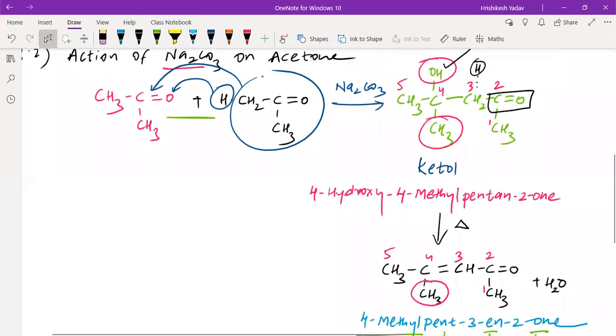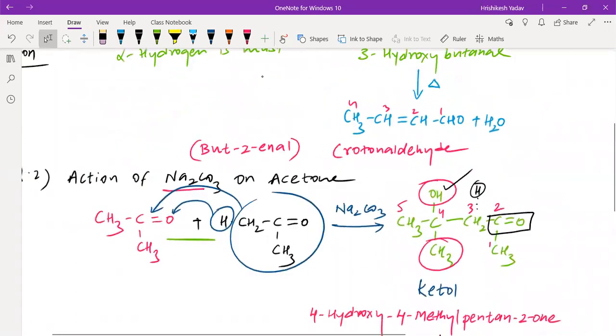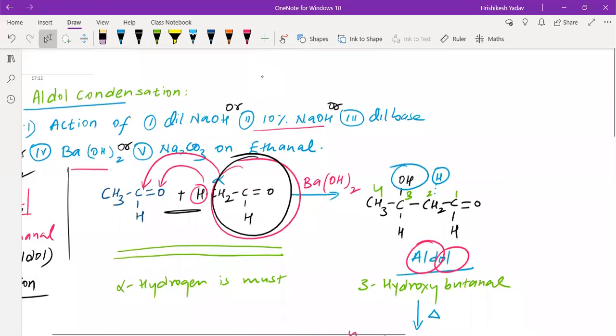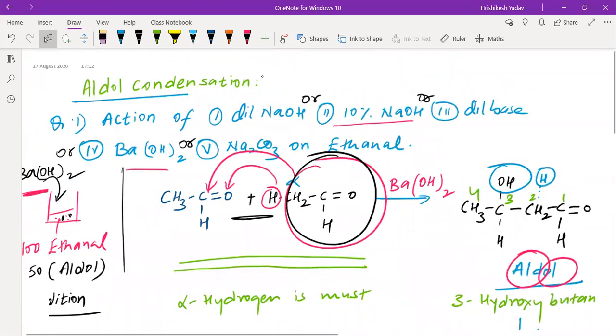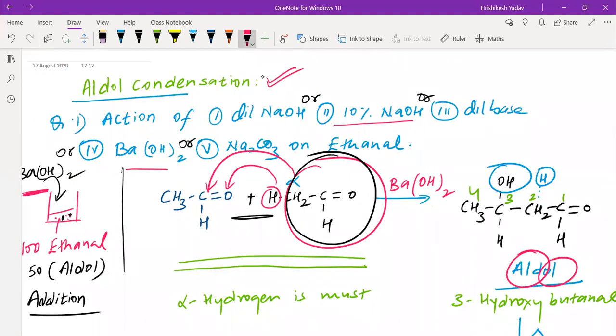So what is the question here? What is the action of sodium carbonate on acetone? So here the topic, when we started, is aldol condensation. What is the concept behind this?